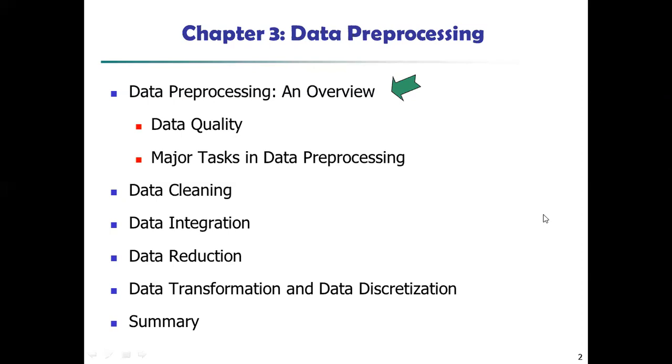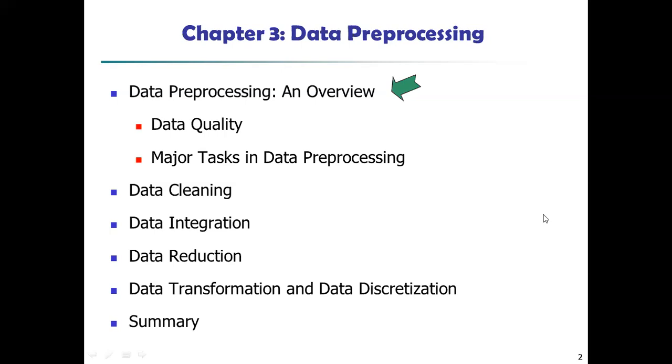Now in today's class, we will discuss data pre-processing. Up to now, what you have studied relates to the basic concepts of data mining: the general ways it is used, the applications, the issues, the patterns, the technologies, and different kinds of data.